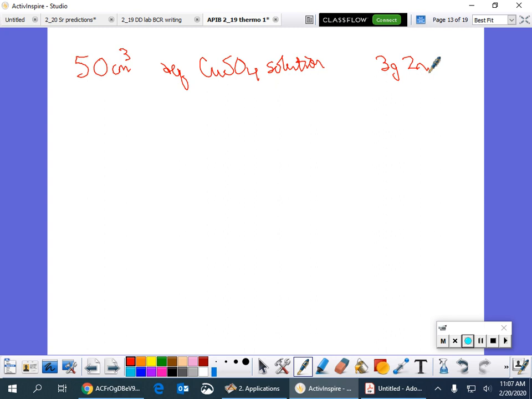Our initial temperature is recorded as 21.0 degrees Celsius, and our T final is 43.5 degrees Celsius. And what we are determining is the enthalpy change for the reaction.